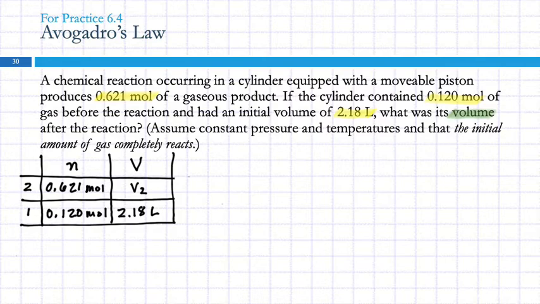So Avogadro's law is the one with N's and V's. V1 over N1 is equal to V2 over N2. Again, let's cross multiply to get rid of the fractions before we do anything else. So the top of one side times the bottom of the other side equals the bottom of the first side times the top of the other side.